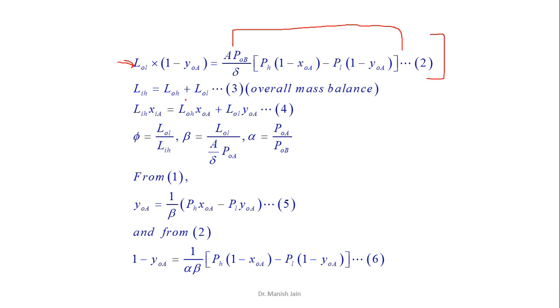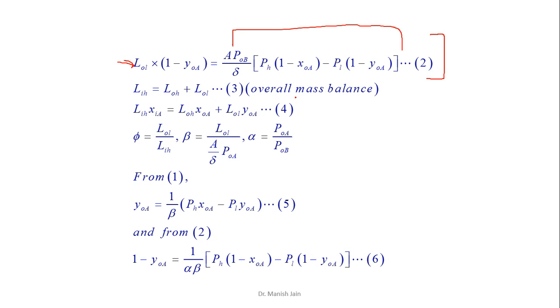Now we can write the overall material balance, that is LIL equal to LOL plus LOH. Here LIL is the mass flow rate or mole flow rate of the feed stream, LOL is the mass flow rate or mole flow rate of the permeate stream, and LOH is the mass flow rate or mole flow rate of the rejected stream.